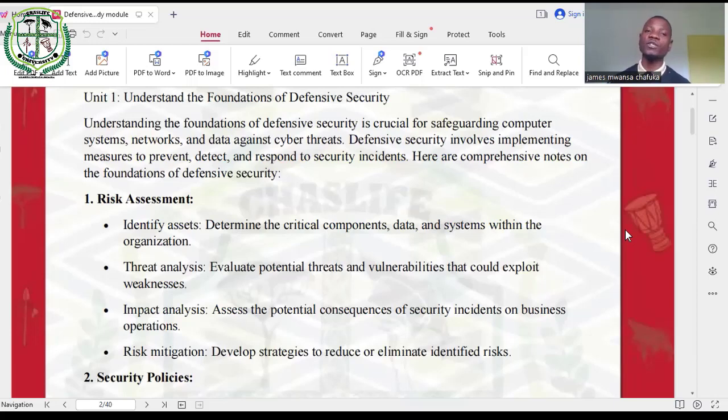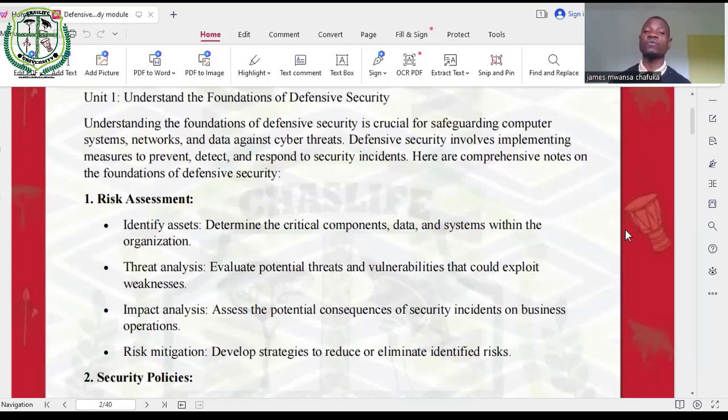Another point on risk assessment is threat analysis. Evaluate potential threats and vulnerabilities that could exploit weaknesses. To evaluate is to find the solution. So you should be able to find the solution within the organization.